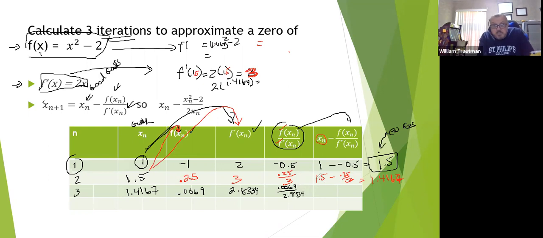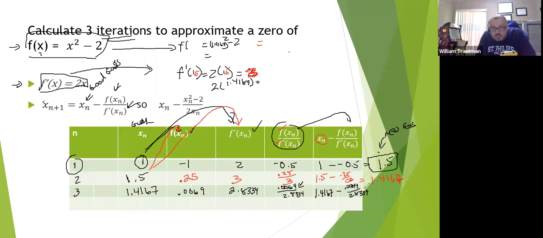And I'm going to check the book to see if I got it right. I'm going to do 1.4167 minus 0.0069 over 2.8334.